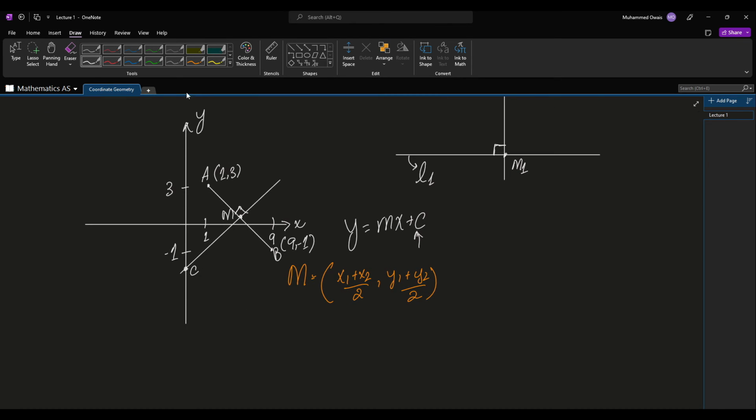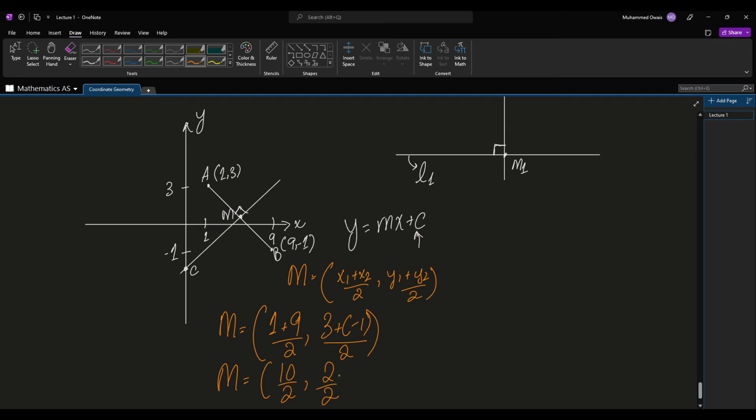Let's find the midpoint. M is equal to x1, 1, plus x2, 9, over 2, y1, 3, y2, -1, over 2. M is equal to 10 over 2, 3 minus 1 is 2, which is 2 over 2.